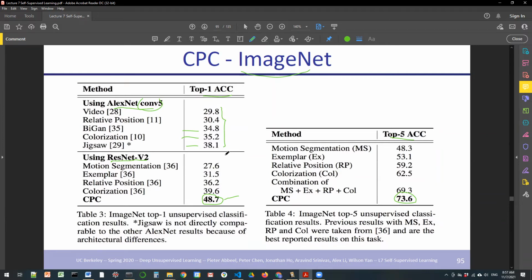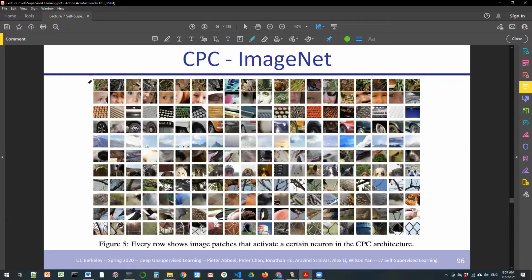Right, and in the paper they also try to show what is learned in the embeddings. What you see is the different image patches that activate a particular neuron in the CPC architecture. You see that semantic things are learned, such as eyes of faces, keyboard-like things, wheels of cars, faces of dogs, and things of this nature, which is to say that a lot of semantic information is picked up by this self-supervised task in the embedding.